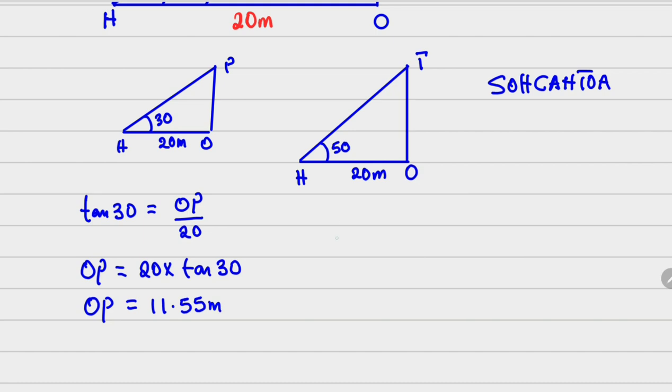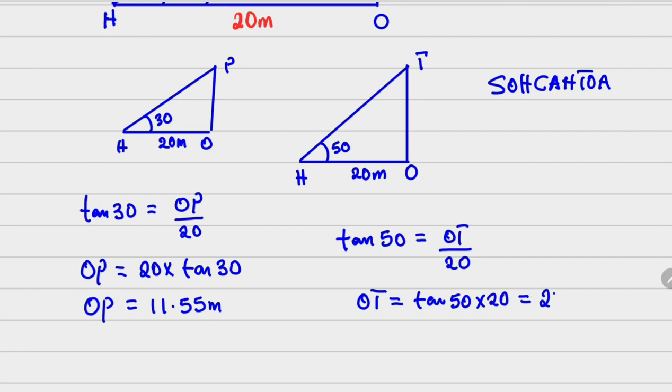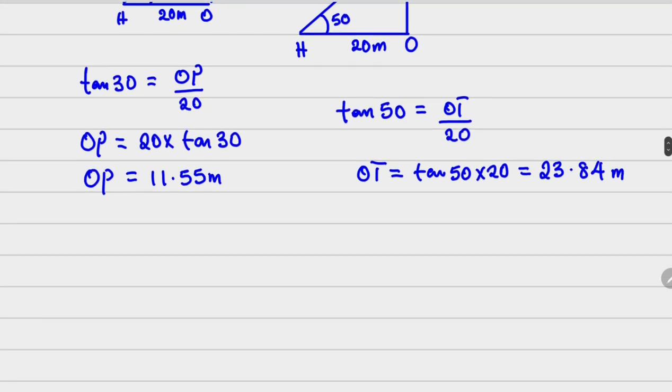Now, for the bigger triangle, we look at it as tan 50 equals OT over 20, so that after cross multiplying, OT will be tan 50 times 20, which will be 23.84 meters.